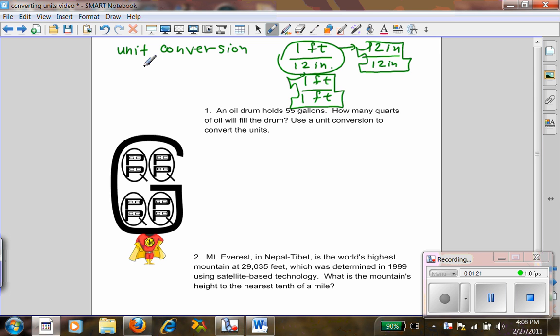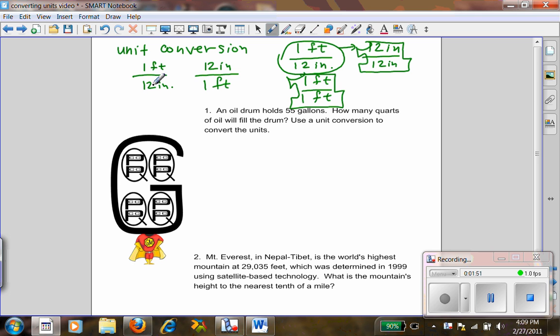So I could either write it as 1 foot over 12 inches, or I can flip it over and say 12 inches is the same as 1 foot. Because no matter how I write it, it's still going to equal 1, Mr. 1. So remember a couple things. Number 1, Mr. 1 always has to have the same thing on the top and the same thing on the bottom, or equivalent values like 1 foot and 12 inches.